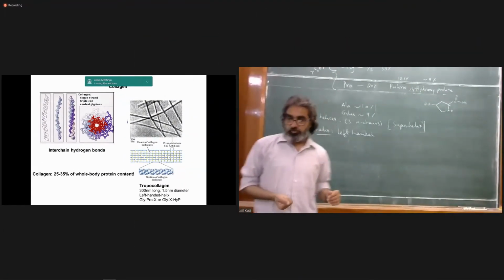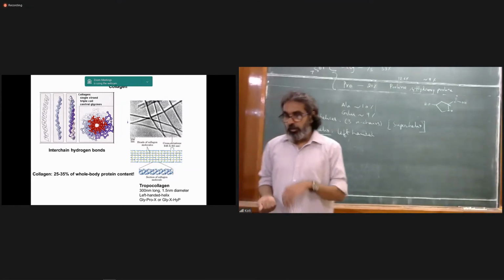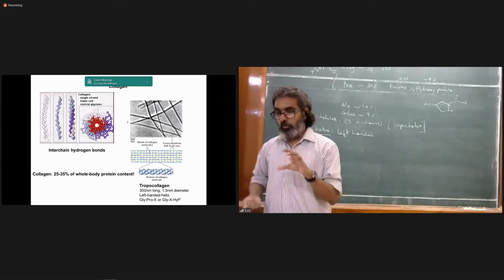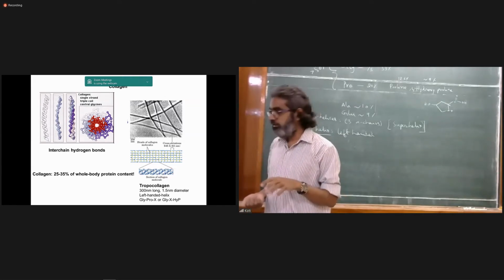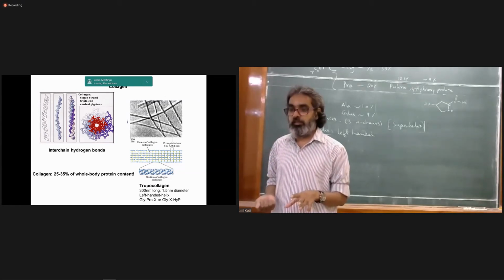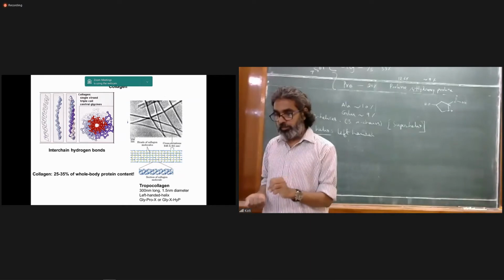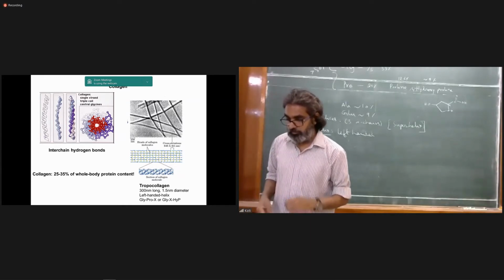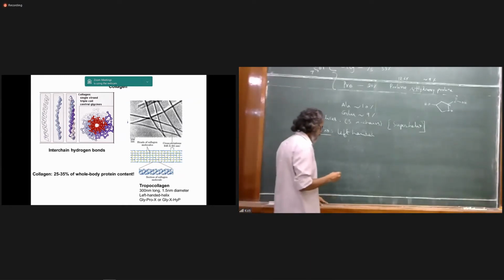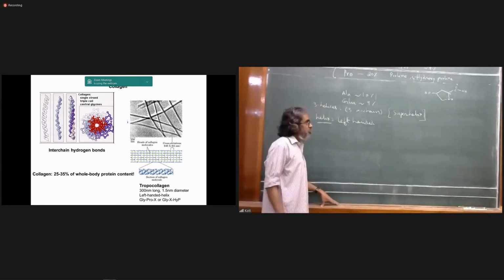Okay, so now if you see this triple helix from the top, what you see at the core, or at the center, is exclusively glycine. So the glycine actually packs to the center. Every third amino acid is glycine, which is 33%, right?